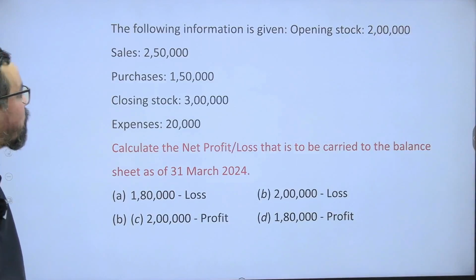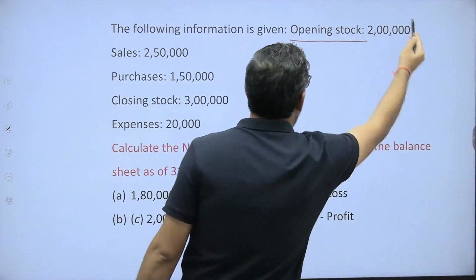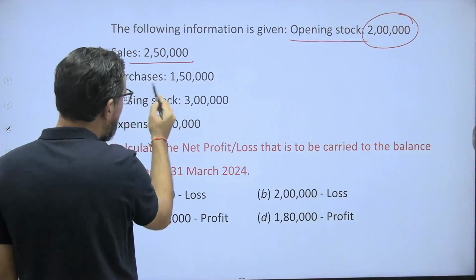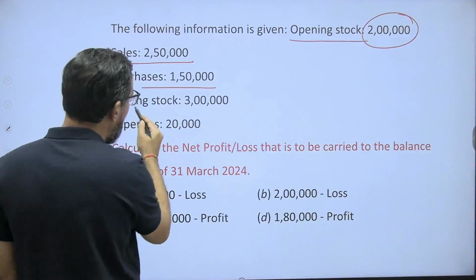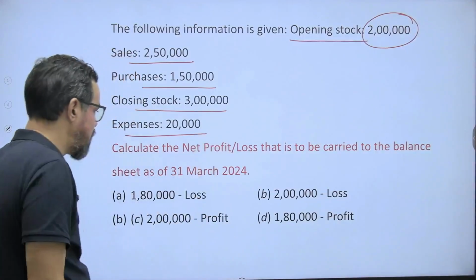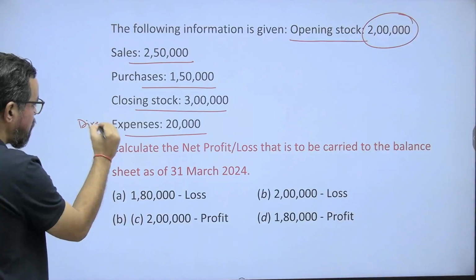Right. Next one. From the following information, opening stock is 2 lakh, sales is 2 lakh 50,000, purchase is 1 lakh 50,000, closing stock 3 lakh, expense is 20,000. Consider this expense as a direct expense. It is a question error.